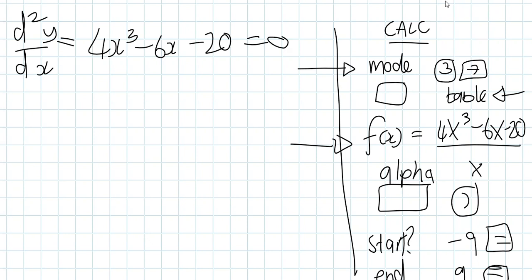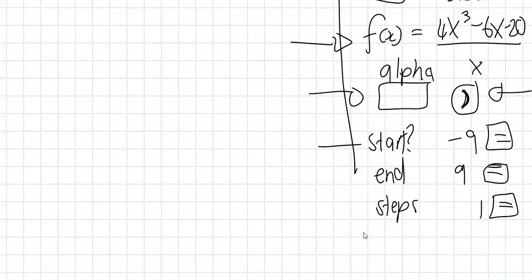So you write in your equation there. To get the x's, you press alpha, and the red x is above the sort of right bracket. Then it asks you start, and I put -9 and press equals, and then end at 9 equals. And it says steps, and I say 1 step equals. Okay, so that's the calculator work.